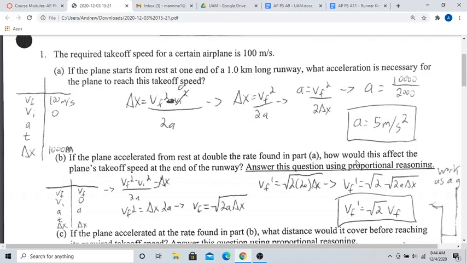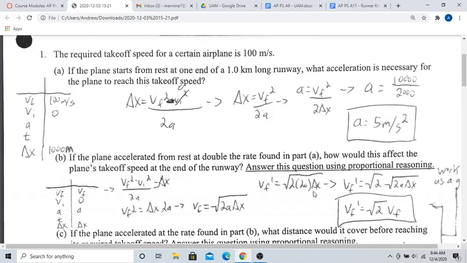Now, this can be a little confusing math-wise, but it's just a little bit of math tricks. What I'm actually going to do is take out the square root of 2. Remember, everything under this square root you can break up, and it's the equivalent of the square root of 2 times the square root of 2a times the square root of delta x.